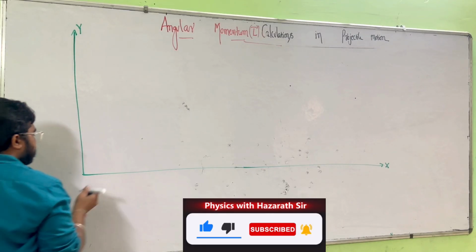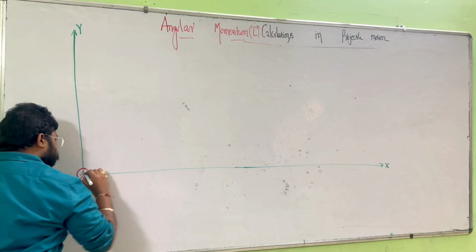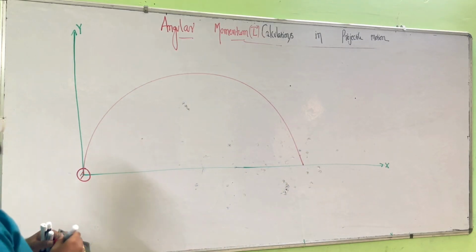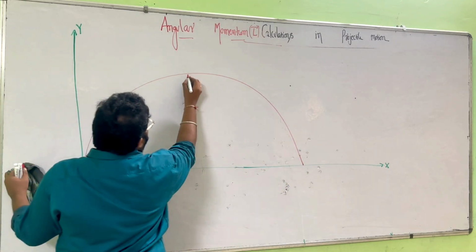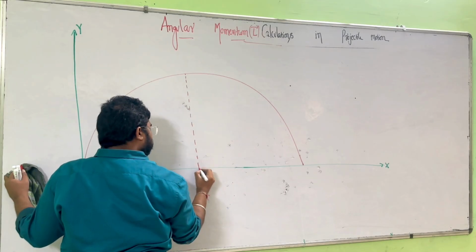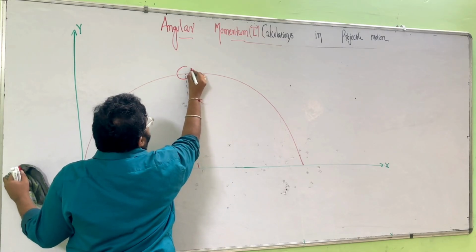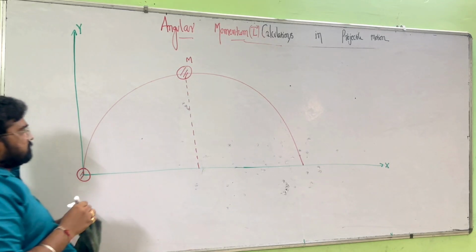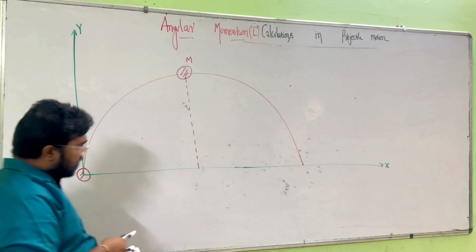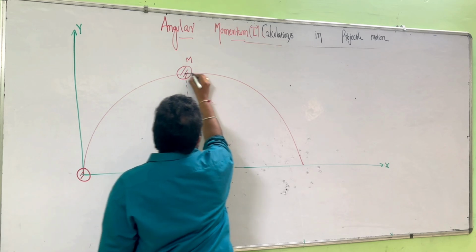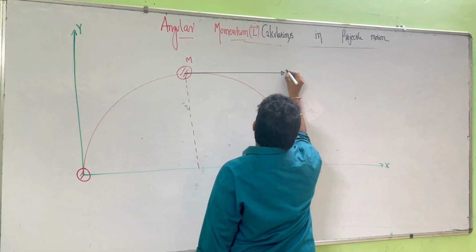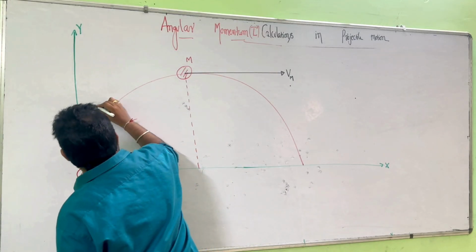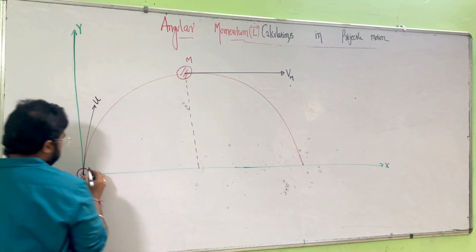So now the particle is projected like this. When the particle is at maximum height, what is the velocity of the particle at maximum height? It is projected with a velocity u.